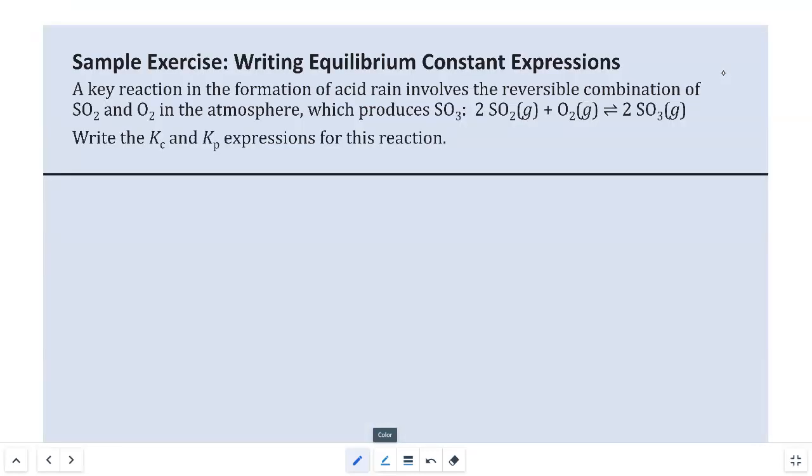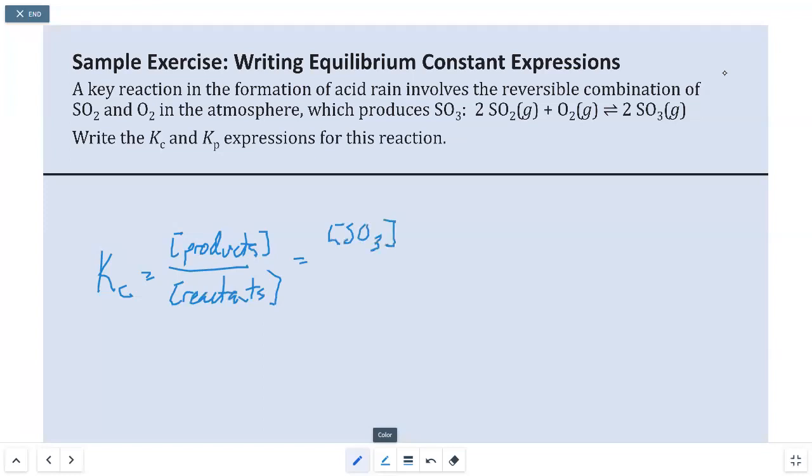All right, let's take a look at an example here. We've got a reaction that is key to the formation of acid rain. Sulfur dioxide reacting with oxygen to make sulfur trioxide. What we're asked to do here is to determine what KC and KP are in terms of expression. So for KC, again, we're looking at the concentration of products over the concentration of reactants. So the product here, there's only one, it's sulfur trioxide.